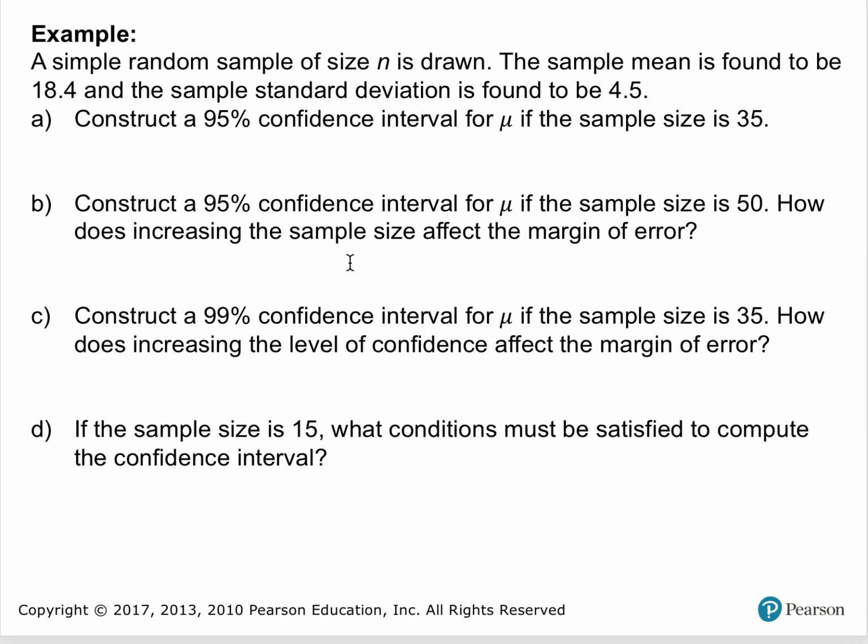Let me go back in there. Messed up stat. Tests. Okay, T-interval. So when I'm over into stats, I'm going to go down and I'm going to enter my sample mean, 18.4.